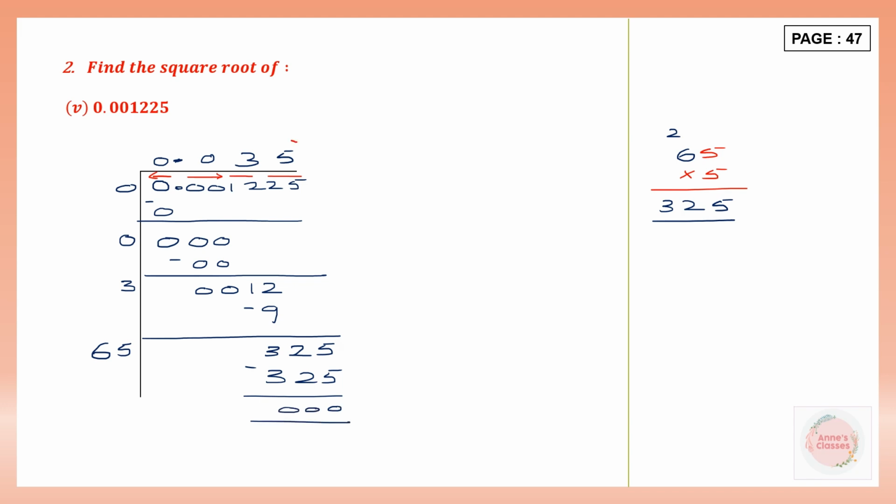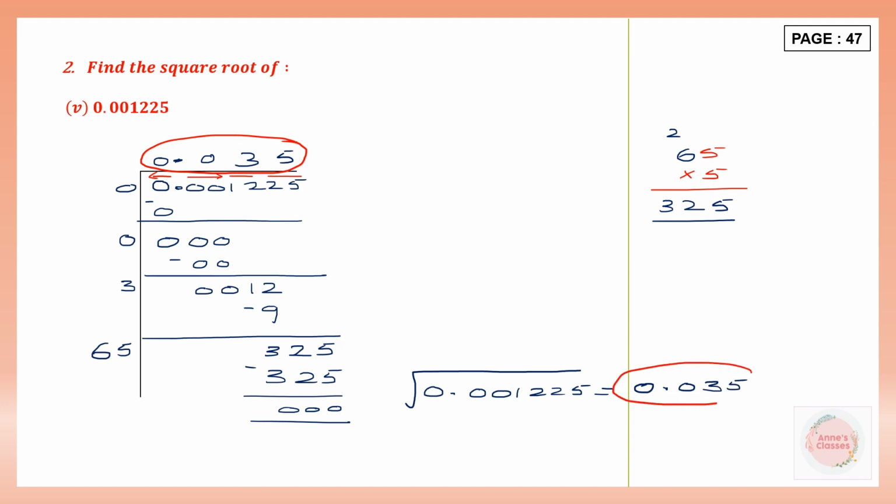And what is our quotient? 0.035. So let's write our answer. The square root of 0.001225, that is 0.035. So this is our answer, 0.035.